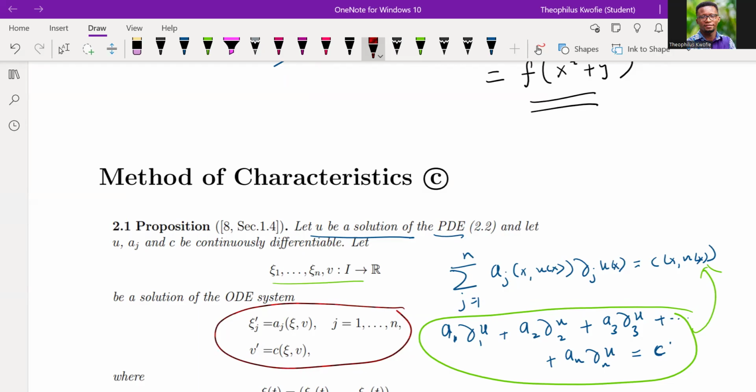Is that okay? Very good. So over here, what happened is that all the terms that correspond to the Xi's are always the coefficients, the A_j's. Okay, so let's take note of that.